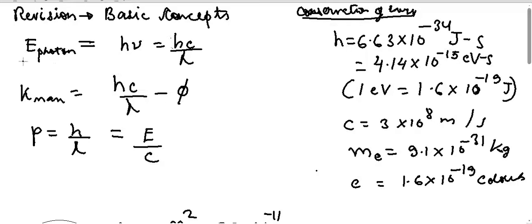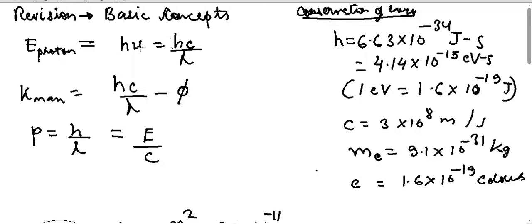Light as well as all the photons, or any wave which exhibits wave particle duality, has an energy. Therefore light has an energy, and that energy is given by Planck's constant multiplied by mu, h mu, where mu is the frequency.